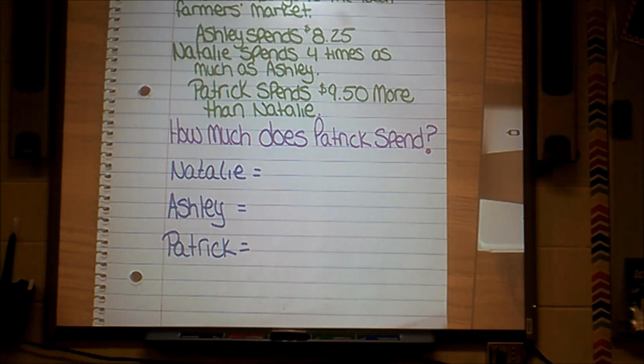So looking at this problem, let's figure out what I know and what I don't know. Looking at it step by step, Ashley spends $8.25. Period. Point blank. That's how much she spends. So I can fill that in down below where it says Ashley.